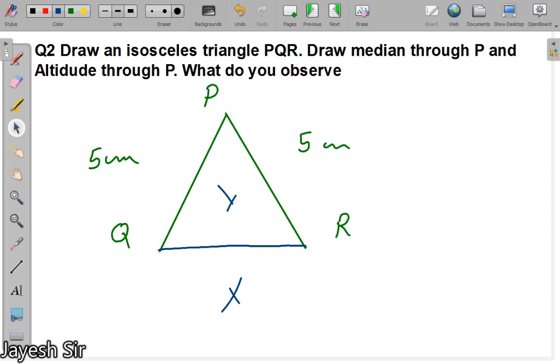Now the line joining these two points gives us the midpoint of QR. So this is the line joining these two points, and this line will give us the midpoint of QR. Let this point be D. We join D to P and we get the median through P.